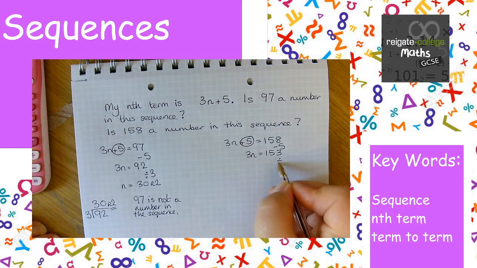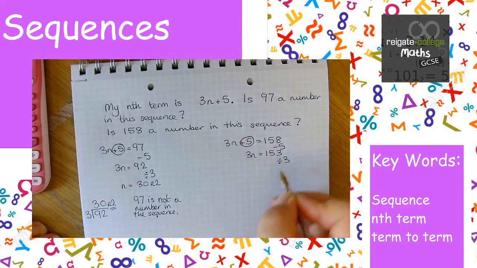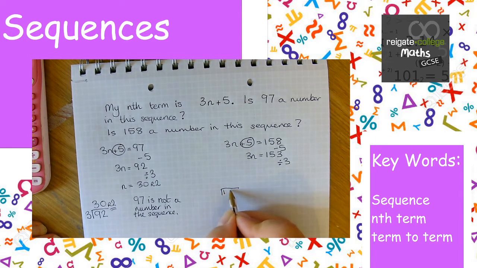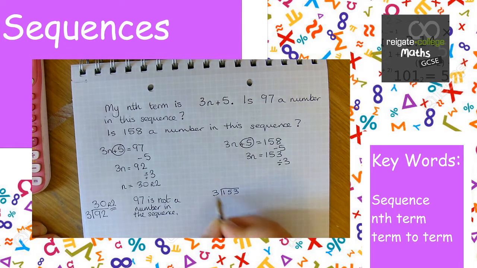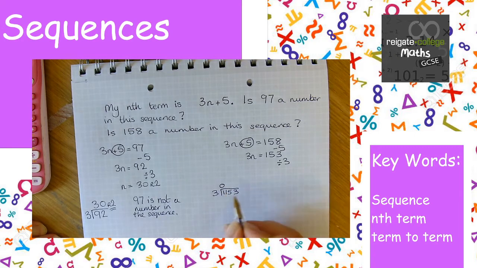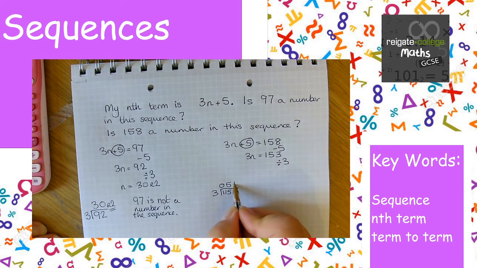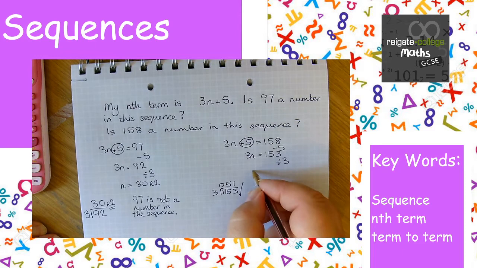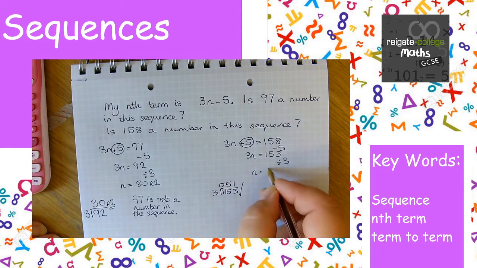Then dividing by 3, side sum, 153 divided by 3. 3's into 1 don't go, carry the 1. 3's into 15 go 5. 3's into 3 go 1 exactly. No remainder. n equals 51.